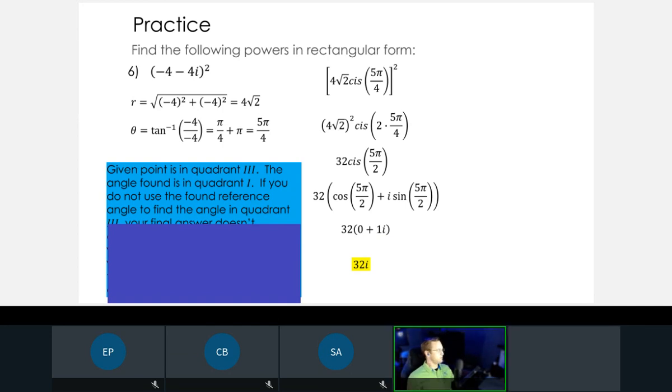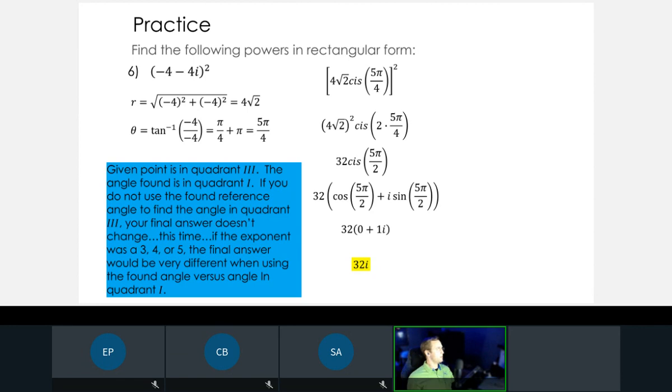All right, now for this second part here, I wanted to point this out. If you forgot to adjust from quadrant 1 to quadrant 3, and you still went through this problem, your answer would actually, in this case, be the same.